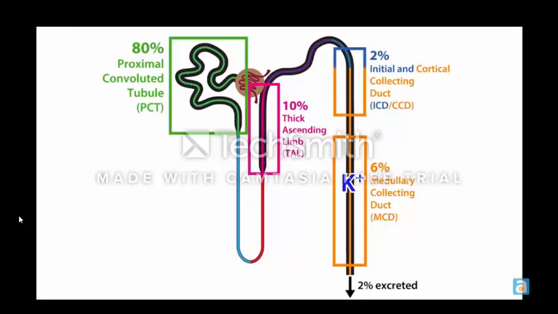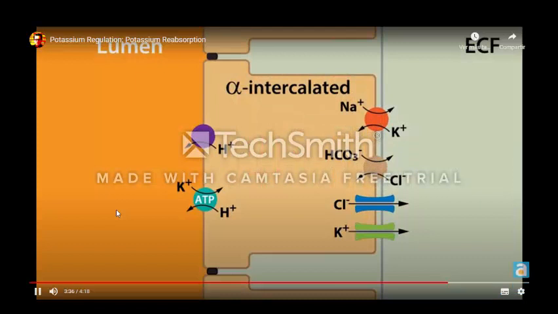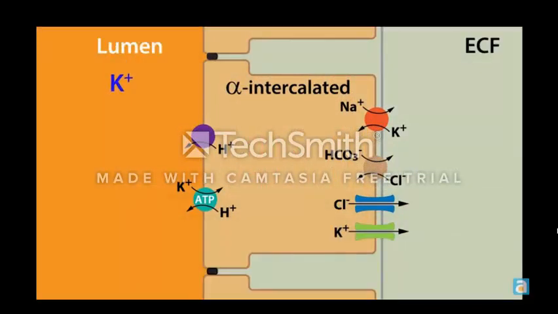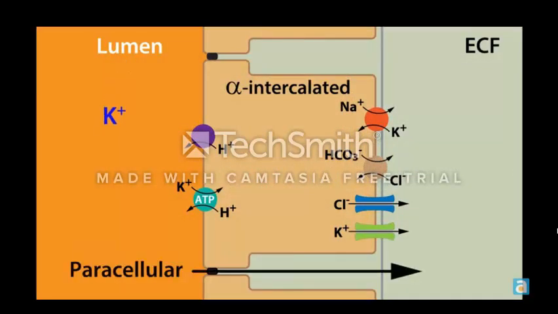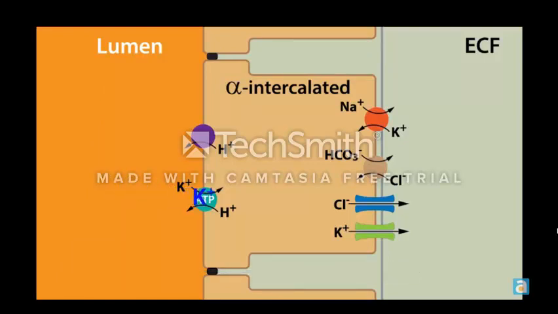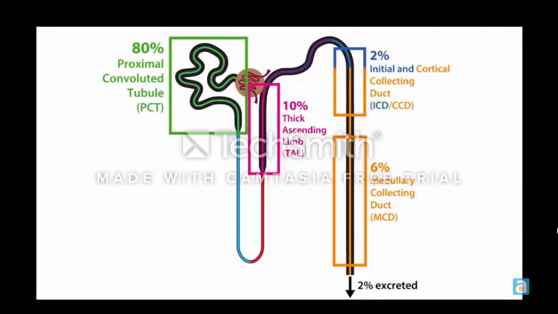Now, the increased luminal potassium passes into the medullary collecting duct, where it favors passive reabsorption via paracellular pathways and active reabsorption via the hydrogen-potassium ATPase. In addition, the reabsorption of luminal potassium along the medullary collecting duct contributes towards the recycling of potassium between the descending thin limb and thick ascending limb.